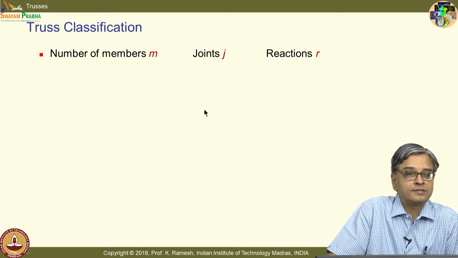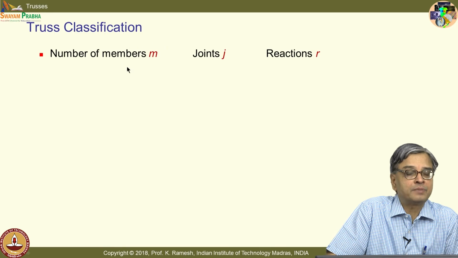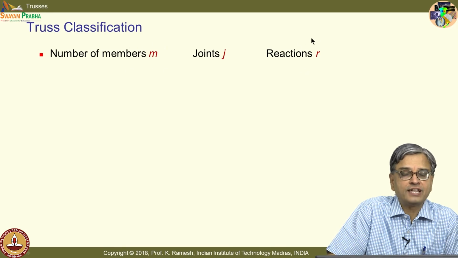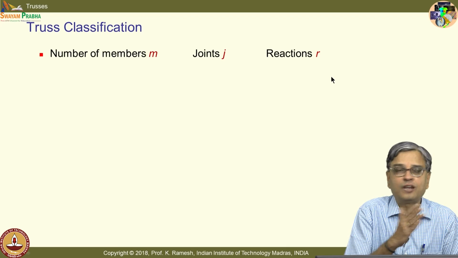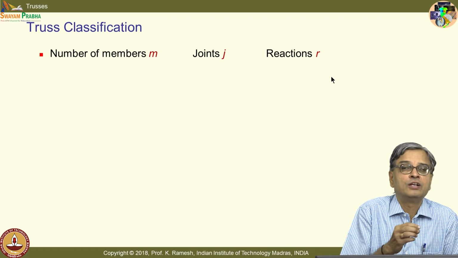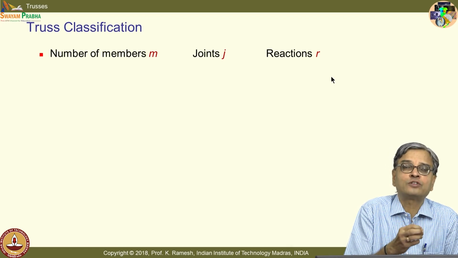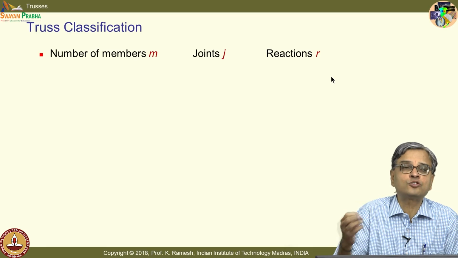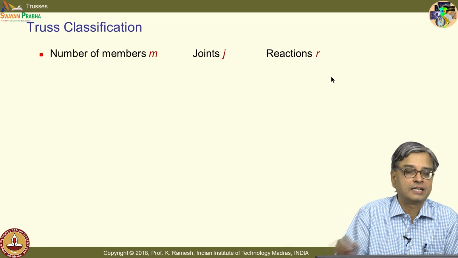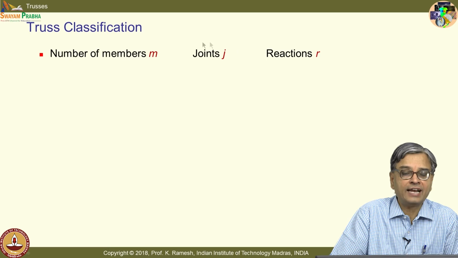What are the unknowns? I need to find out the forces in the members and the reactions. These are the unknowns in the problem. If I have unknowns, I should have an equal number of equations to solve for them. At every joint, when I idealize this as a pin joint, I am talking of a planar truss.